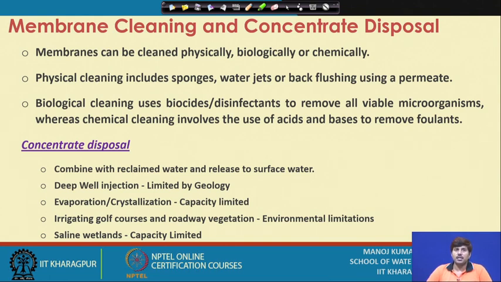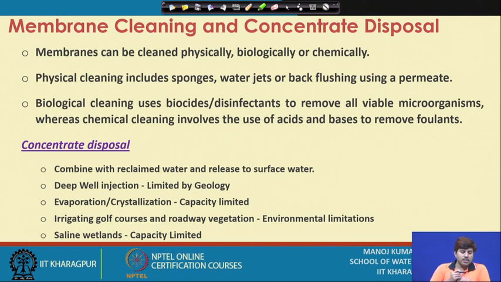The physical cleaning includes sponges, water jets or back flushing using permeate. The biological cleaning uses biocides or disinfectants to remove the microorganisms present, whereas chemical cleaning involves the use of acids and bases to remove the pollutants which have been deposited on the membranes.